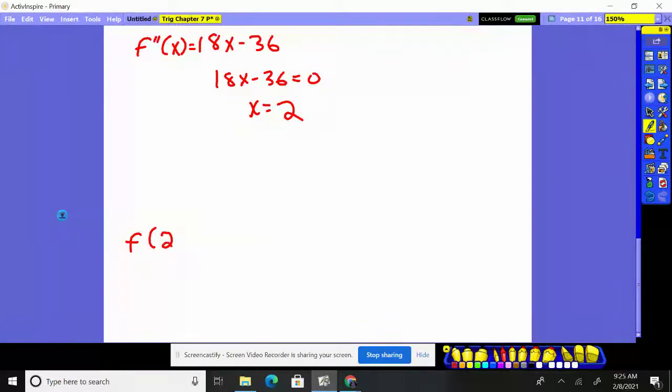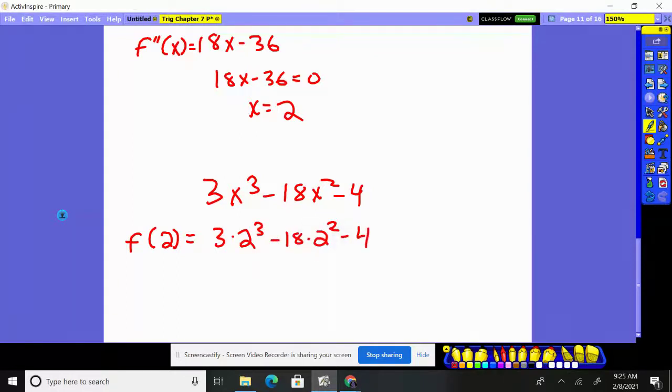So we're going to plug 2 into the original equation. Now remember, the original equation was 3x cubed minus 18x squared minus 4. So I plug 2 in there. 3 times 2 cubed minus 18 times 2 squared minus 4.